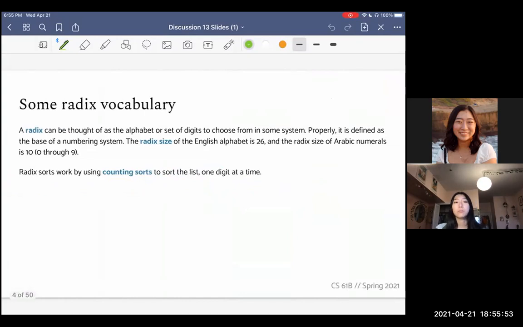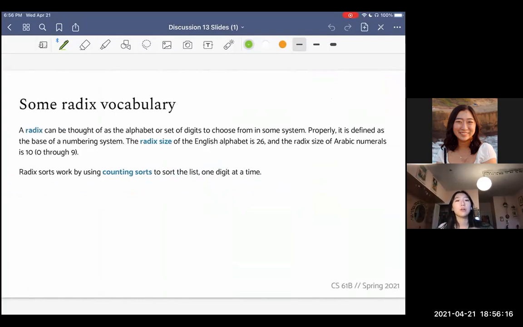So first, I want to talk a little bit about our vocabulary when discussing radices. I don't know what the plural is, but a radix, singular, can be thought of as the alphabet or set of digits to choose from in some system. Properly, it is defined as the base of a numbering system, but we can use this term a little more vaguely when we're talking about radix sorts.